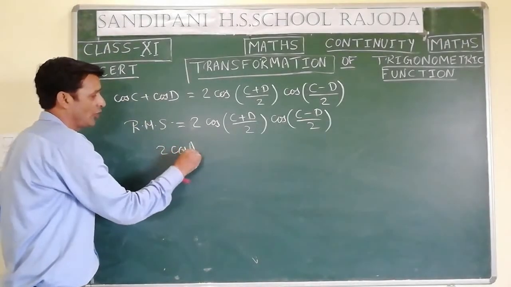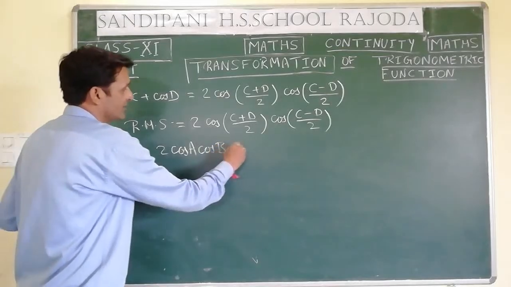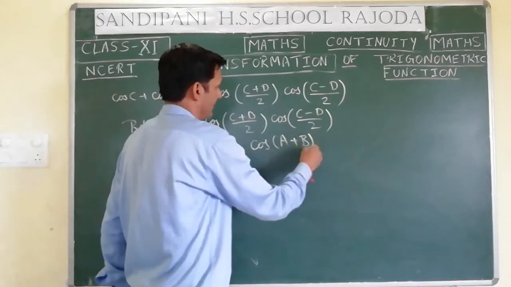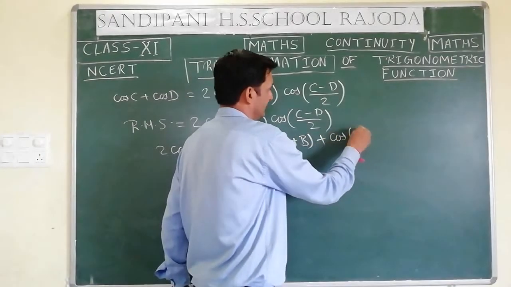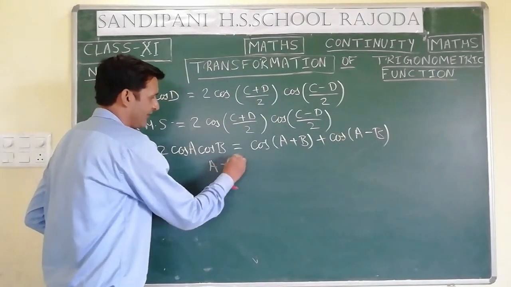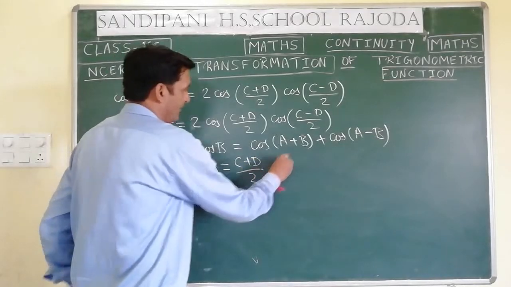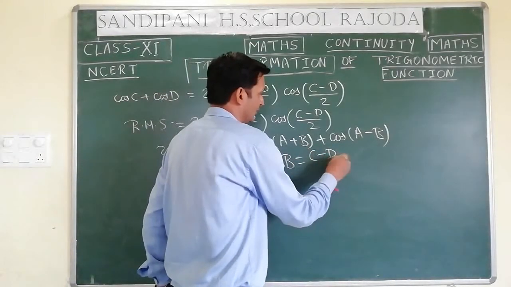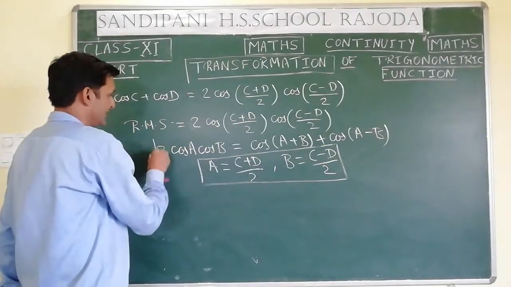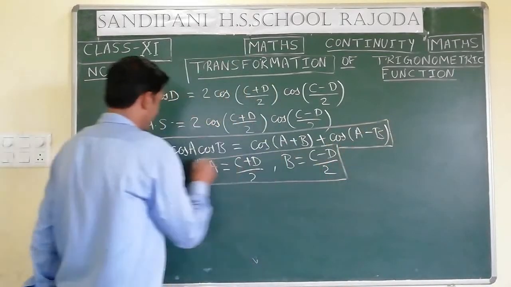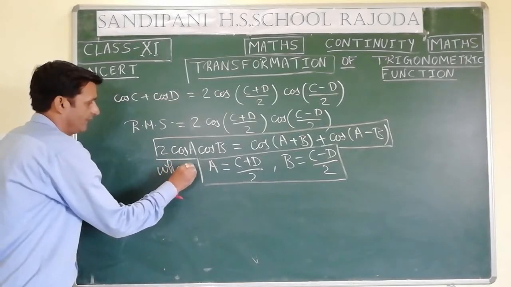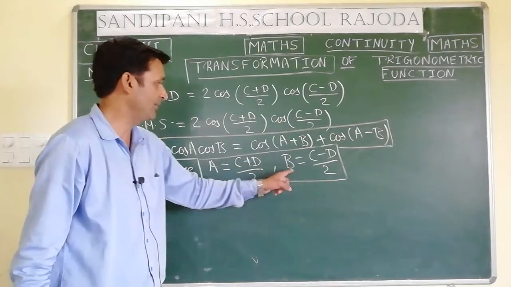That I have told you already. 2 cos A cos B is equal to cos (A plus B) plus cos (A minus B). So in place of A we are having C plus D by 2, and in place of B we are having C minus D by 2. So in place of A and B we have to assign this value. It is the formula part. Where A is equal to C plus D by 2 and B is equal to C minus D by 2.